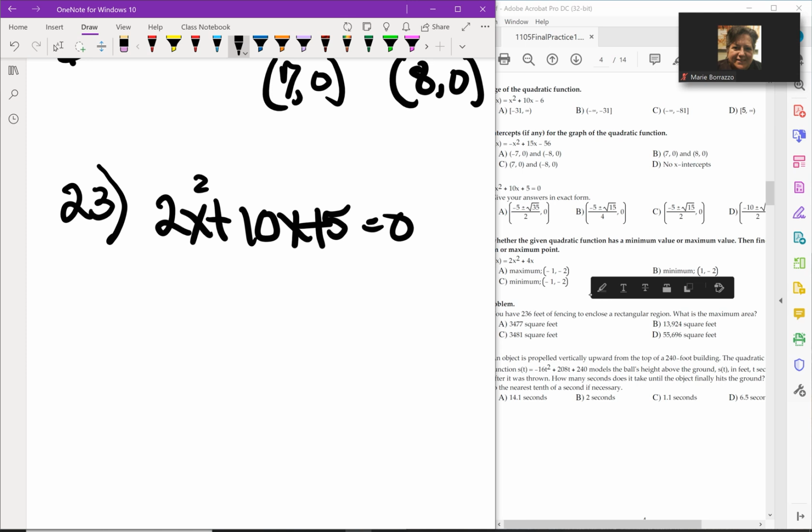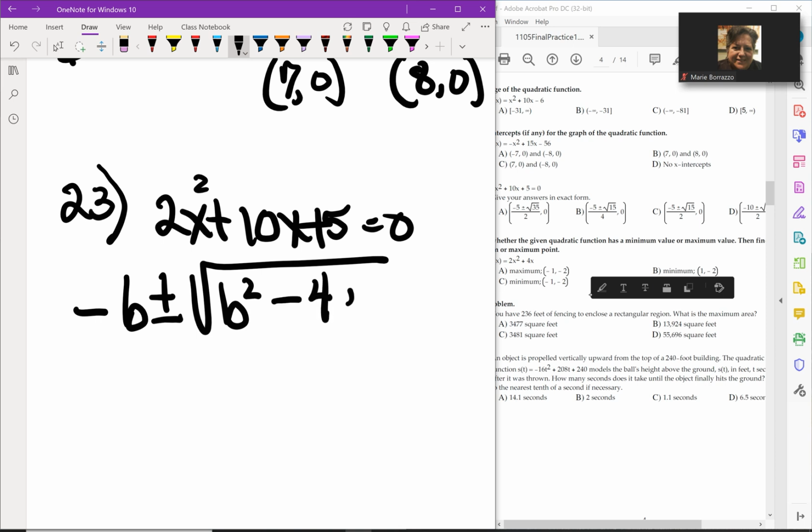Even using the AC method, I couldn't use factoring, so I'm going to use the quadratic formula: negative b plus or minus the square root of b squared minus 4ac, all over 2a.